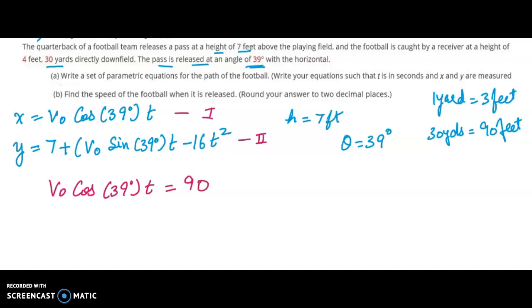Using the concept of undoing terms, the inverse operation, I can isolate t. So if I isolate t, I will get t is equal to 90 over the whole function right there. Now we have t. Let's plug the value of t into equation 2.